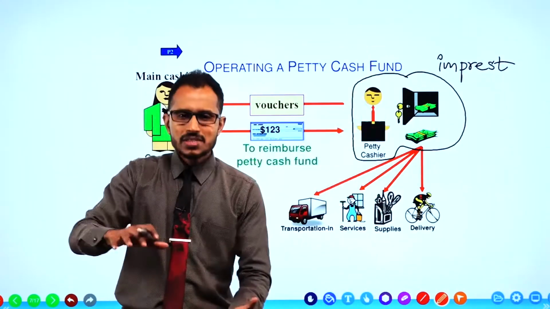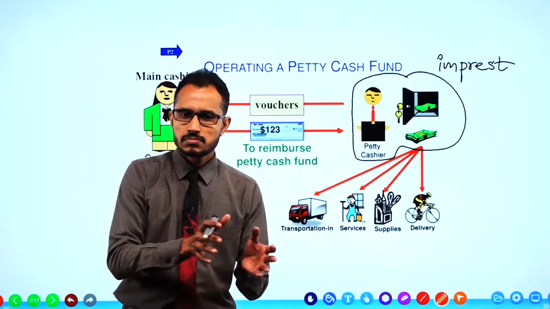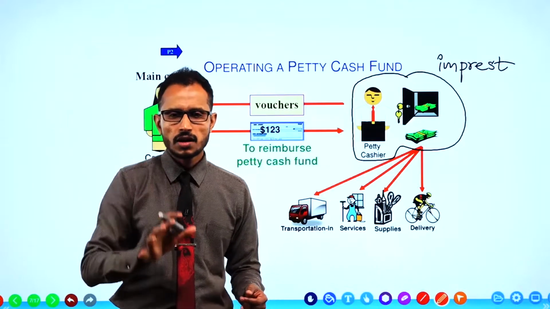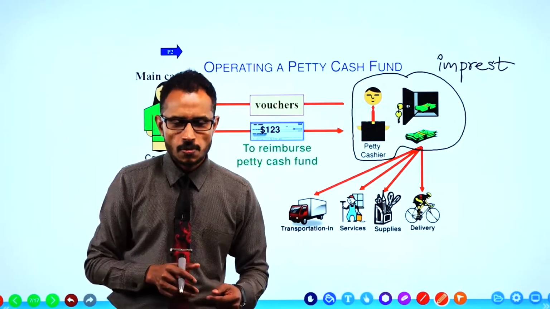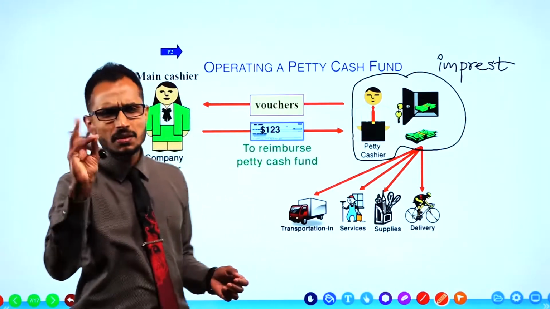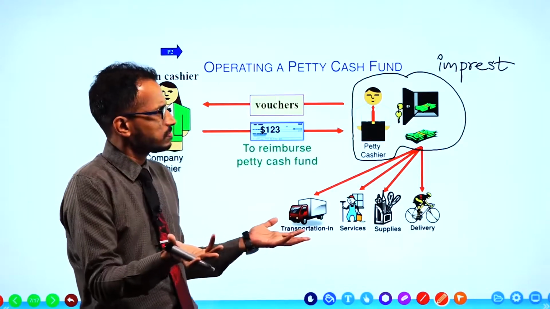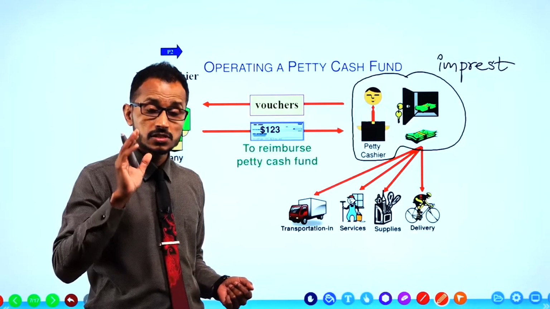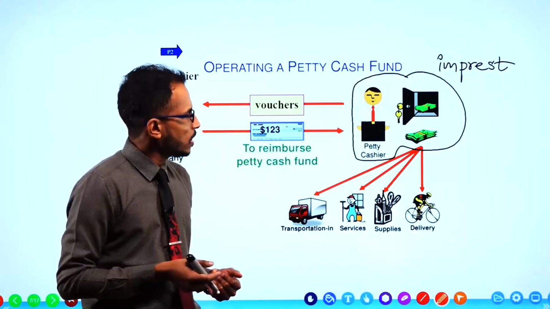In a smaller business, like a business having only one branch, maybe they are keeping like 10,000-15,000. The imprest amount could differ.